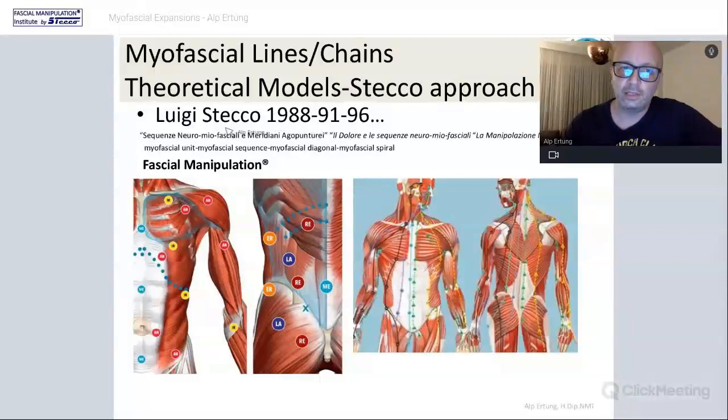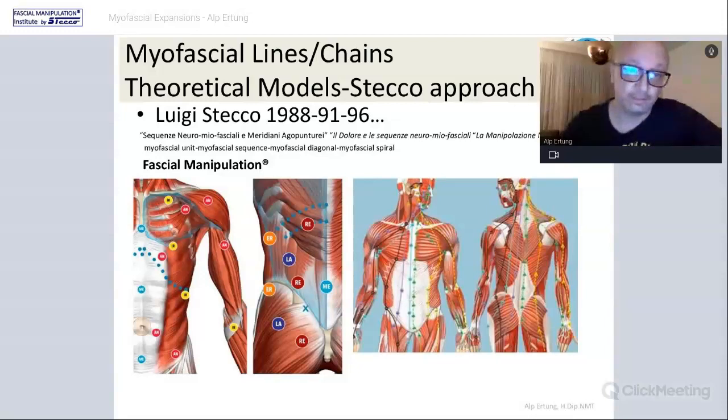So this is really important, to put neuro at the beginning of the term myofascial, because we can't think about the muscles and fascia and everything without the nerve elements.